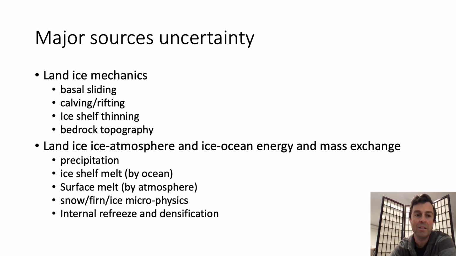Knowing the elevation of the bedrock below the ice sheet is critically important to being able to model the response to a forcing. Once a forcing is incurred, it's largely the shape of the bedrock below the ice that governs the response.